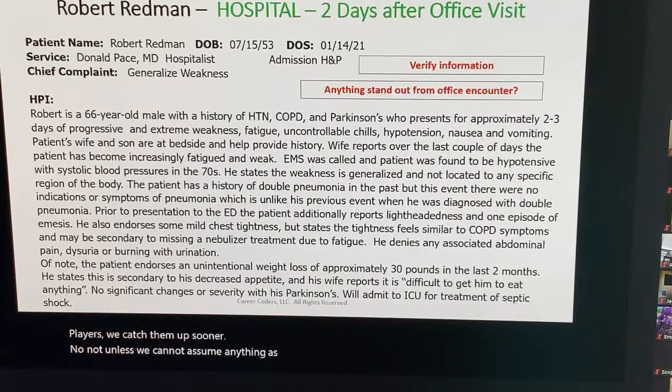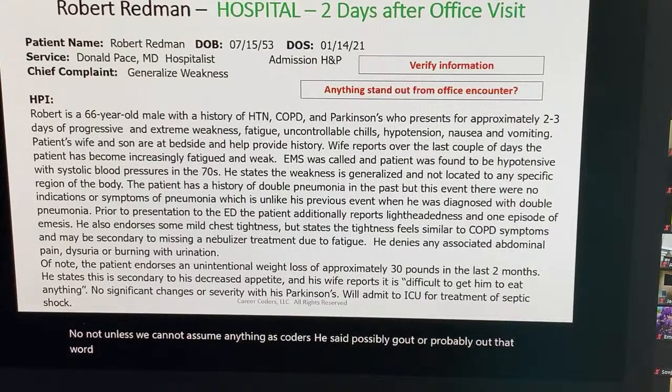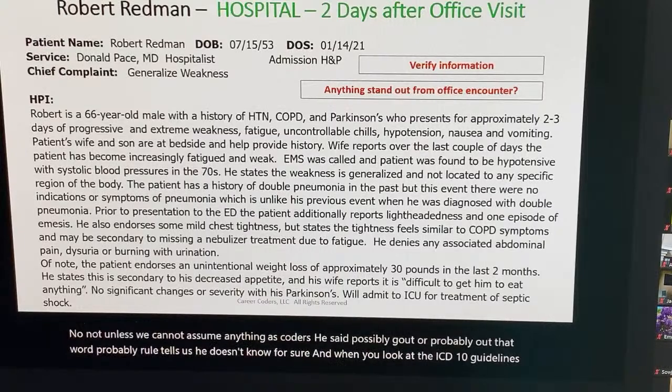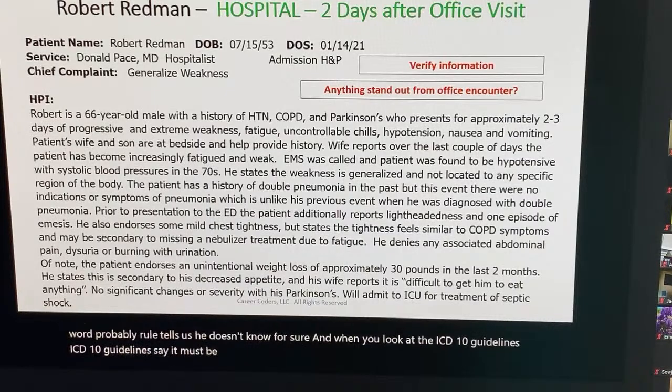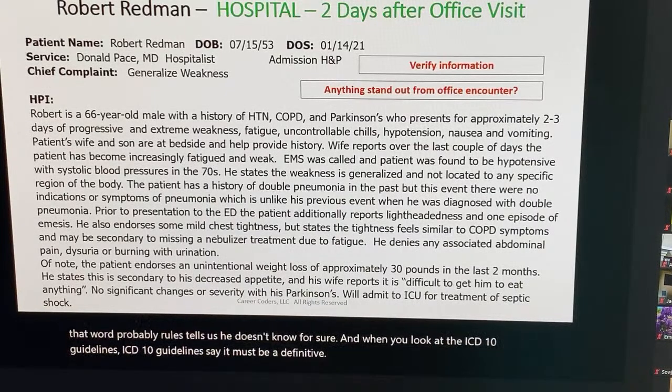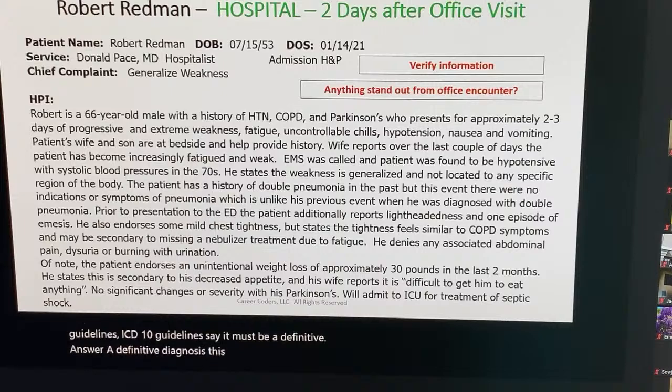He said possibly gout or probably gout. That word probably tells us he doesn't know for sure. And the ICD-10 guidelines say it must be a definitive diagnosis. This is not definitive.